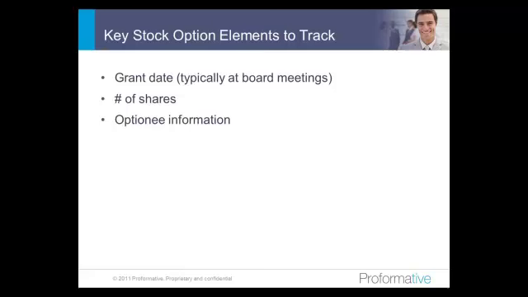Optionee information, so once again, this might be an employee, this might be an entity, it could be a contractor, it could be a consulting company. Who knows? You need to make sure you have full information for these option holders. And as a practical matter, you'll want to make sure that you have full contact information for every stockholder and every option holder at your company.